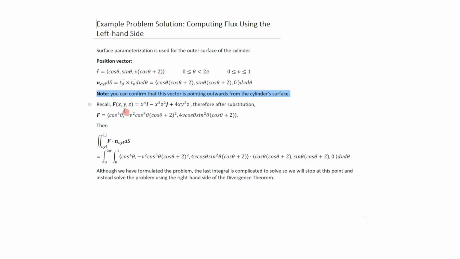And so this is really all we're going to be doing, converting F now in terms of functions of theta and functions of v. And so there it is in full form. So now we take this and substitute here. We have the differential surface for the cylinder, which we computed from here. And we take the dot product and put it together. Okay, so that will be the third flux contribution.